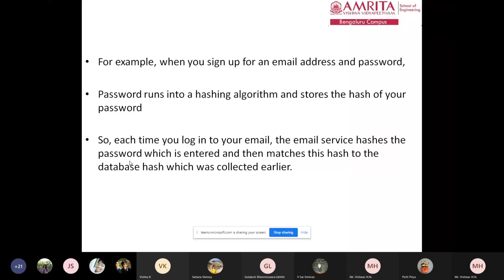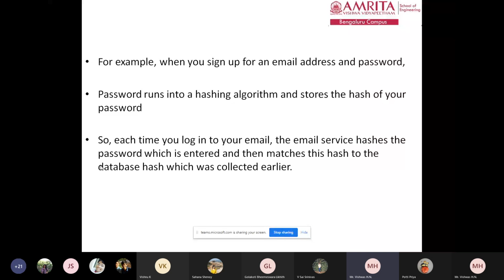It gets converted into a hash value, and each time you log into your email, the email service hashes the password which is entered and then matches this hash to the database hash which is already collected. When you actually create your account, you might have given a password, and that password will not be stored as it is, as we discussed earlier.